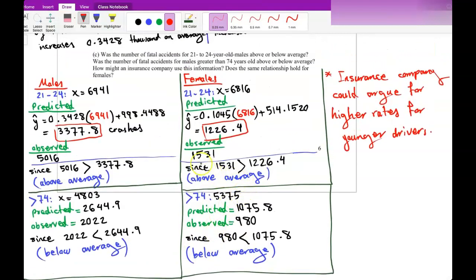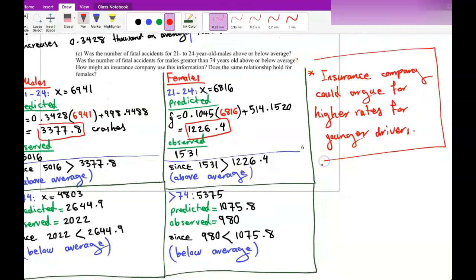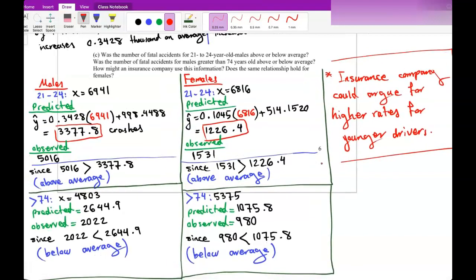So obviously, they're gonna have higher rates for this group 21 to 24. Okay, we finished this section.